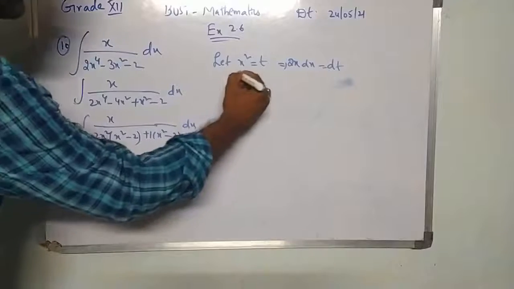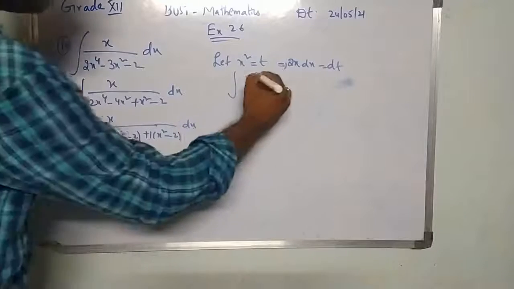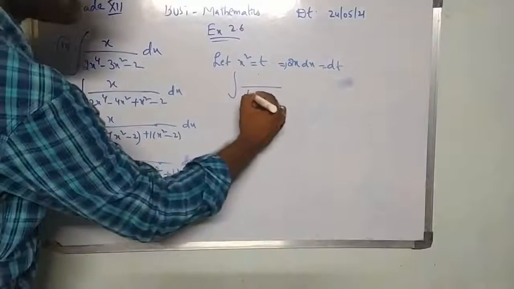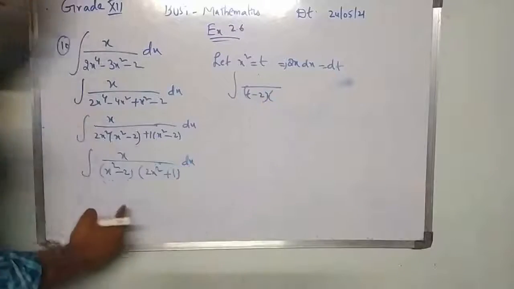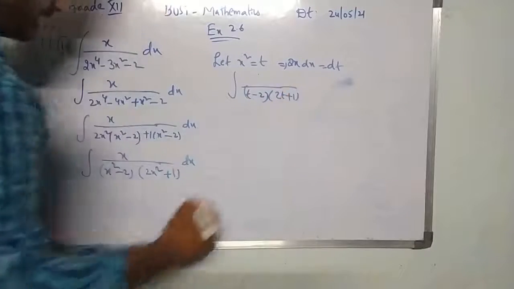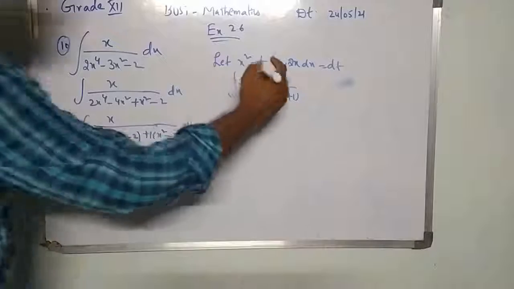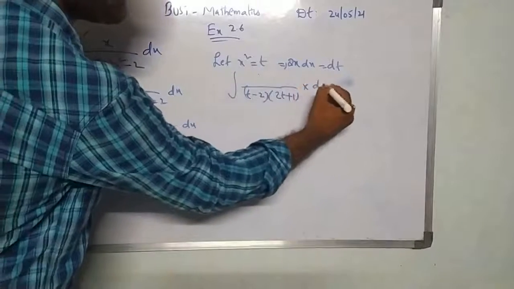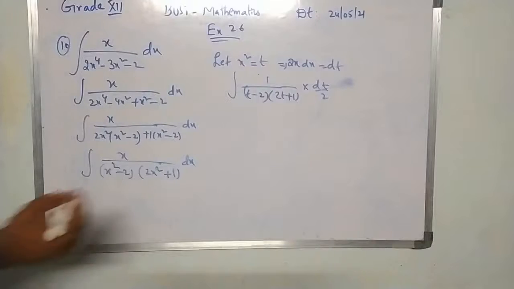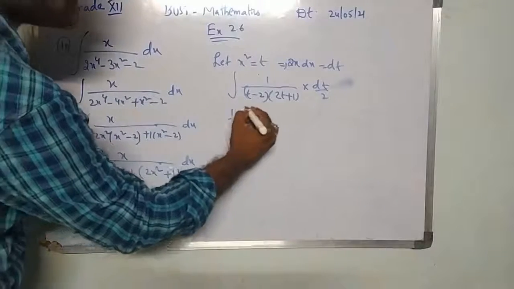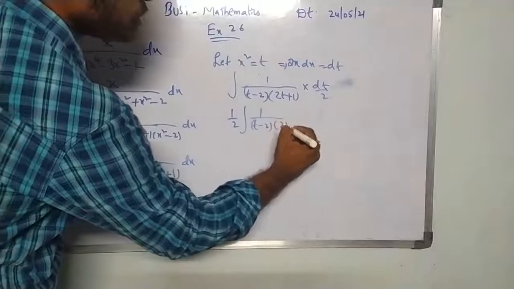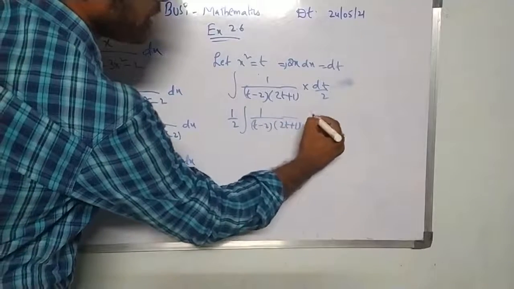Now the integral is t minus 2 into 2t plus 1, and in the numerator x dx. x dx can be written as dt by 2, so 1 by 2 we can take outside. So 1 by t minus 2 into 2t plus 1 into dt.